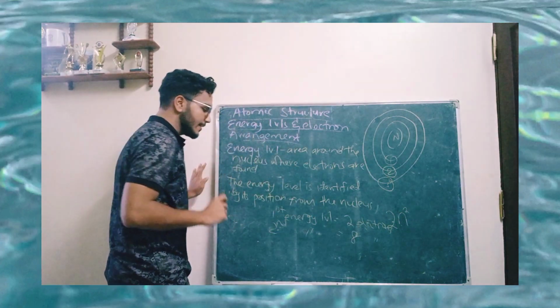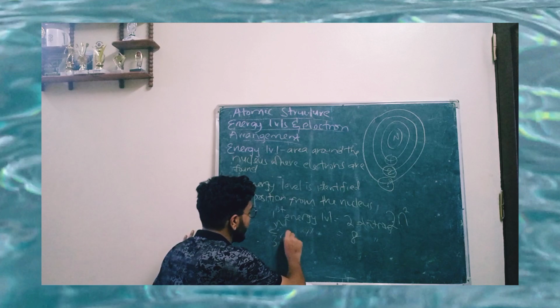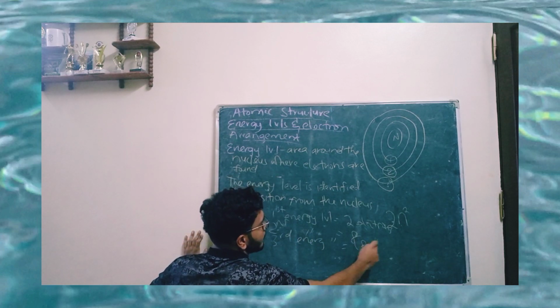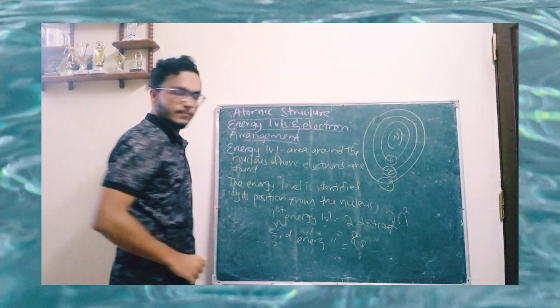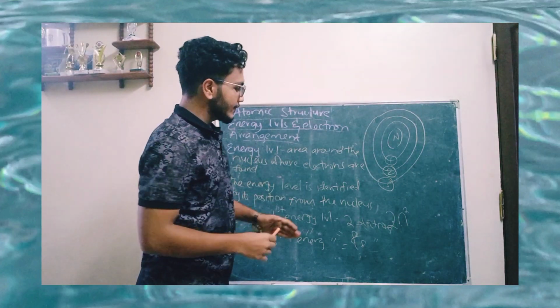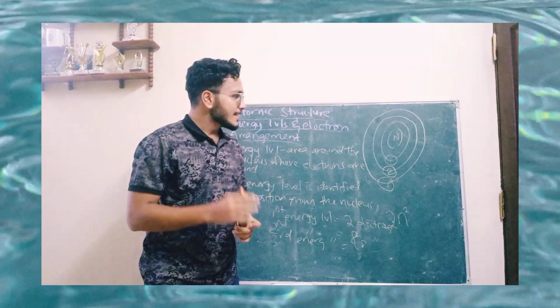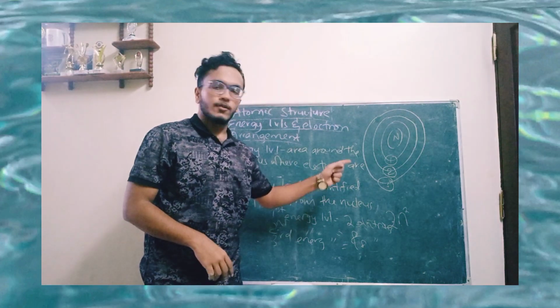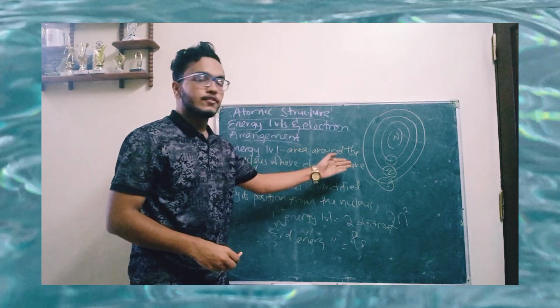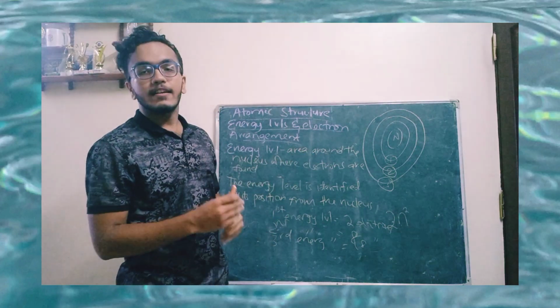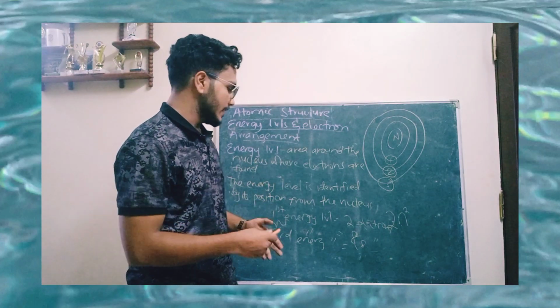So the third energy level, 18 electrons, and so on and so forth. Now, the first energy level can maximum accommodate 2 electrons, second energy level 8 electrons, third energy level 18 electrons, and the fourth energy level 32 electrons. So how do we start the electron representation on the atom?